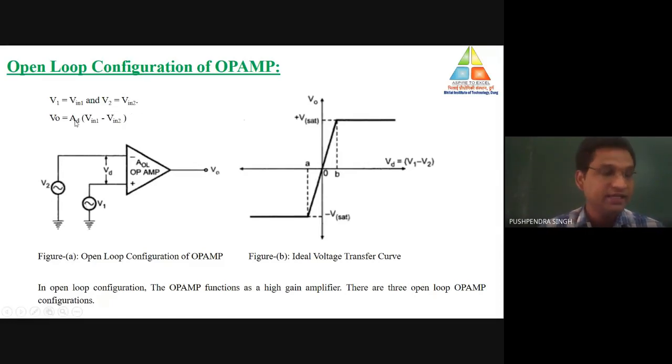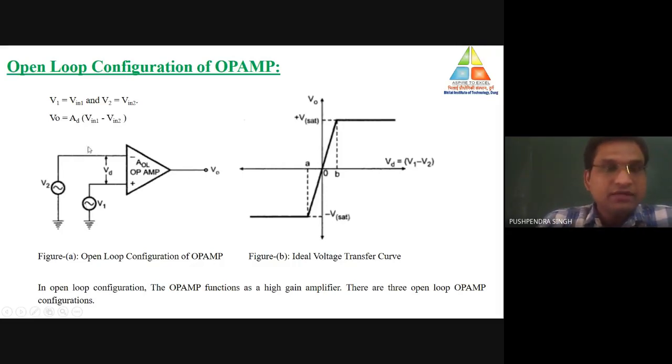What is AD? AD is a proportionality constant, and here it is the differential mode gain or open loop gain. In case of open loop configuration of op-amp, the value of AD is the open loop gain of the operational amplifier.